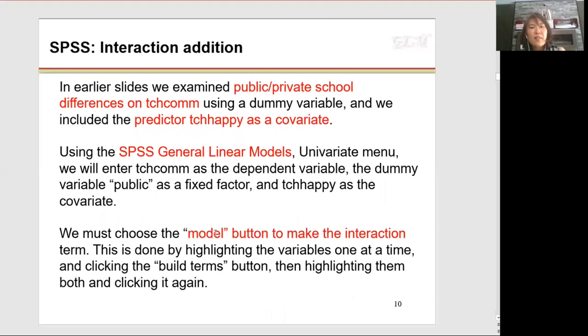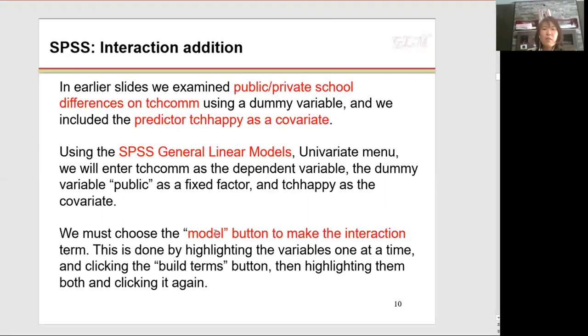In earlier slides, we examined the public-private school differences on teacher community using a dummy variable, and we included the predictor teacher happiness as a covariate. Using the SPSS General Linear Models, Univariate menu, we will enter teacher community as the dependent variable, the dummy variable public as a fixed factor, and teacher happiness as the covariate.